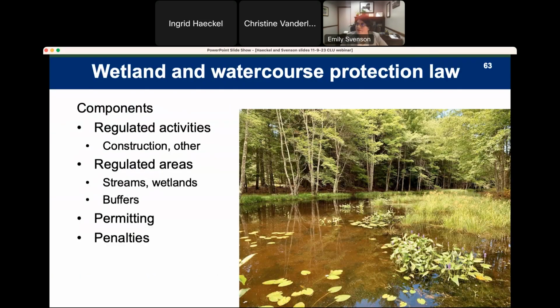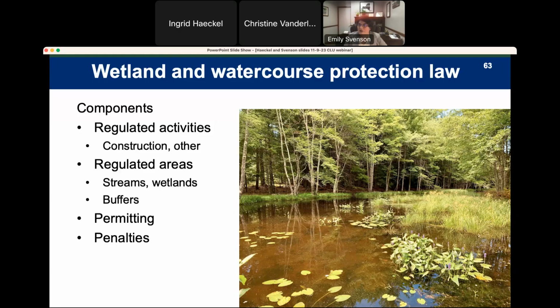So the first example of a type of stream and wetland protection is the gold standard wetland and watercourse protection law. This type of law provides comprehensive regulation of not only new construction, but also other types of activities in and near streams and wetlands. So if you design a wetland and watercourse protection law, you can choose which areas to regulate.